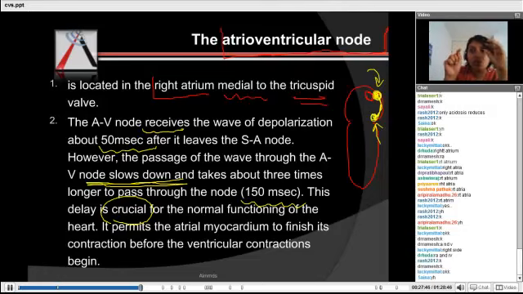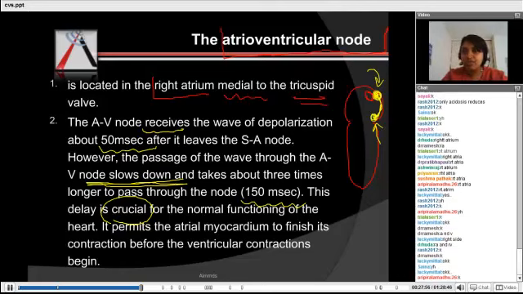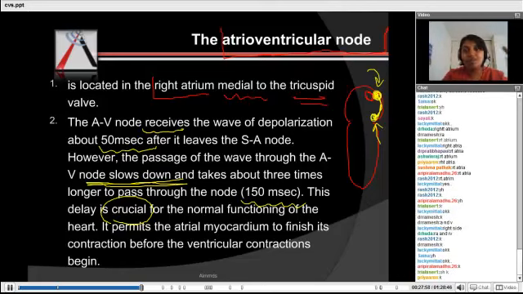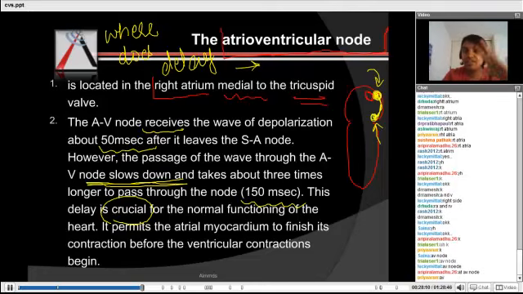It will allow the total emptying of the atria and then let the impulse go to the ventricles so that now the ventricles fire. So that is why the delay in the AV node is important. But what you have to understand is where the delay takes place. It's in the AV node, and that's an MCQ.